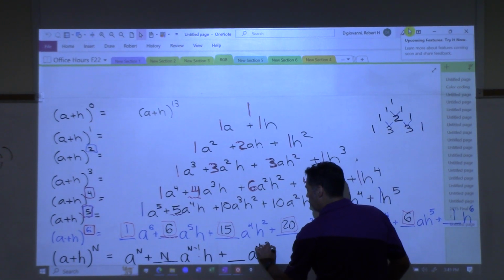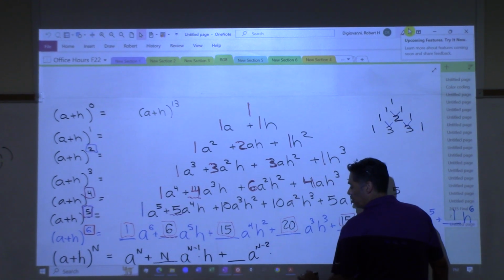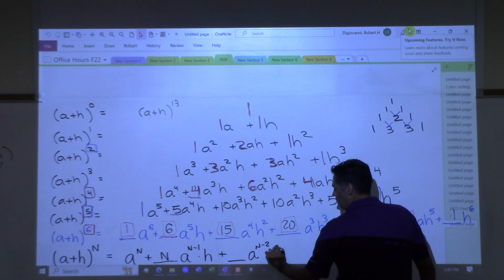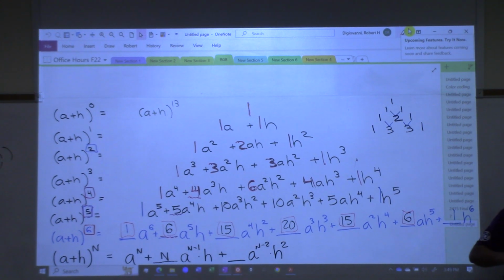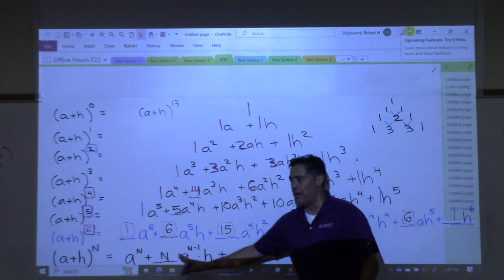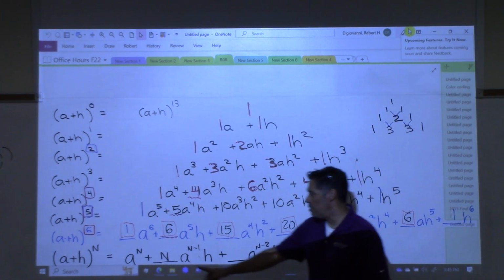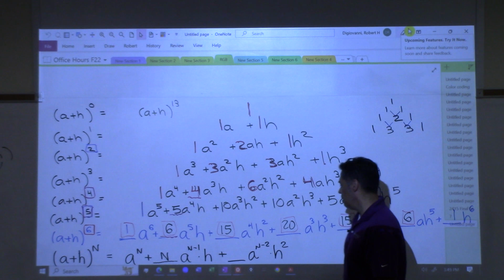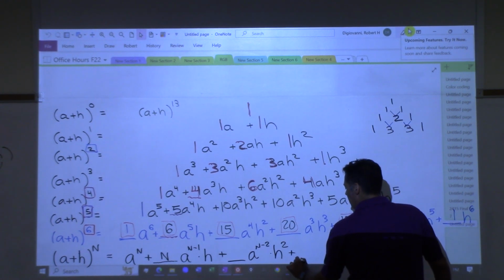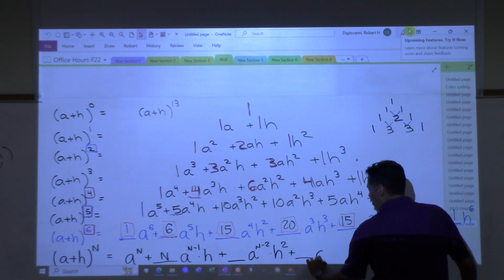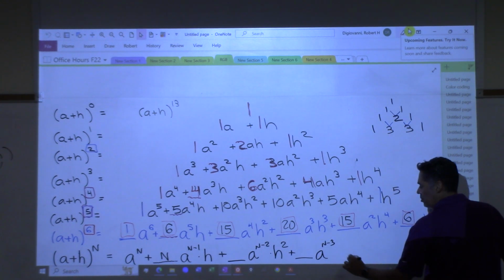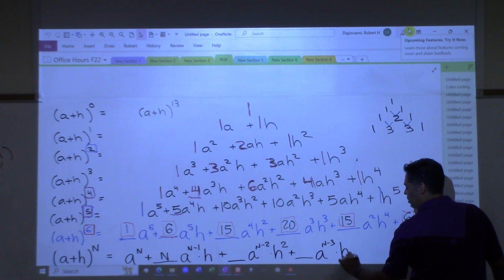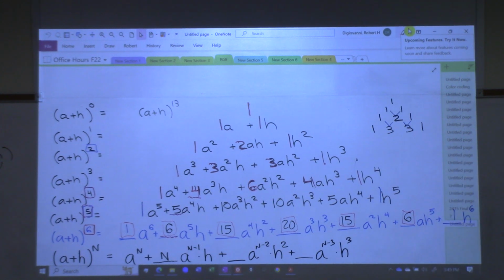And now what's the power on h? h to the second, right? So the powers on a are coming down, the powers on h are coming up. And I'm just waving my hands, I don't know the numbers, all right? I know the first number is 1, I know the second number is n. Next one is going to be some number, I don't know what it is. a to what power? n minus 3, and what's the power on h? h to the third. You with me?